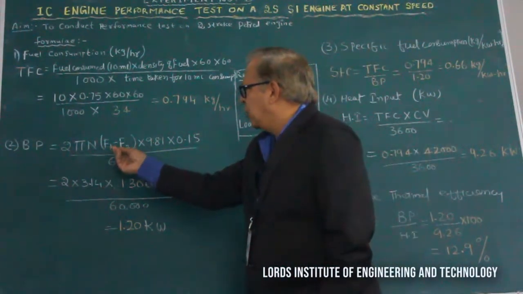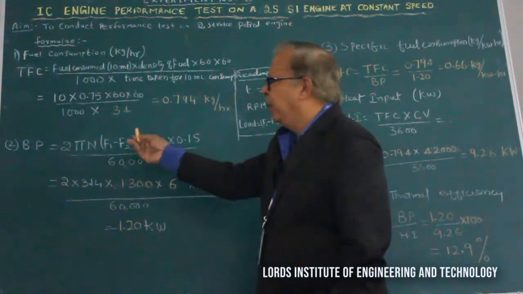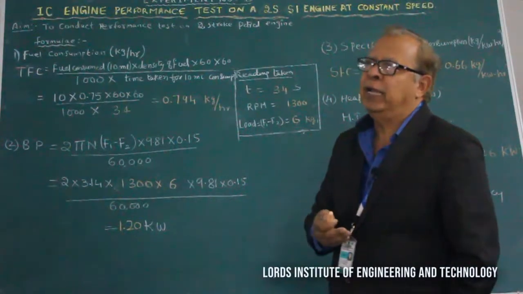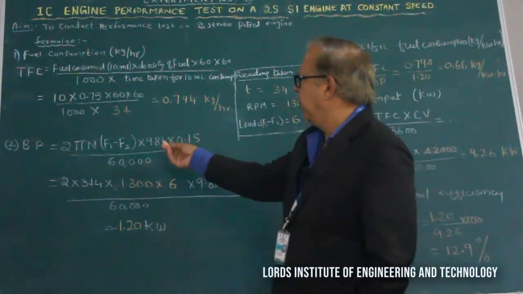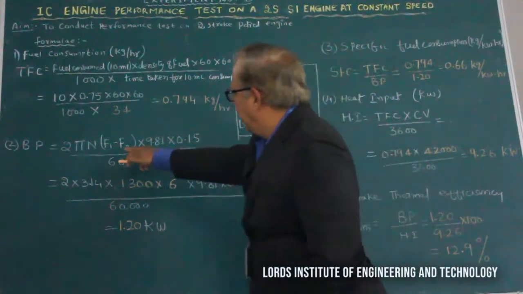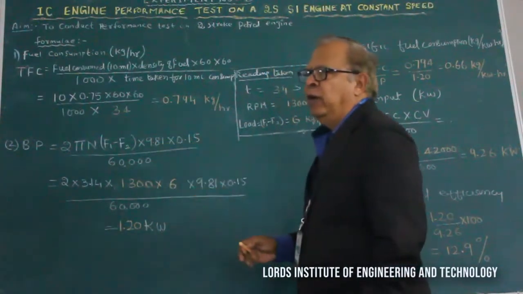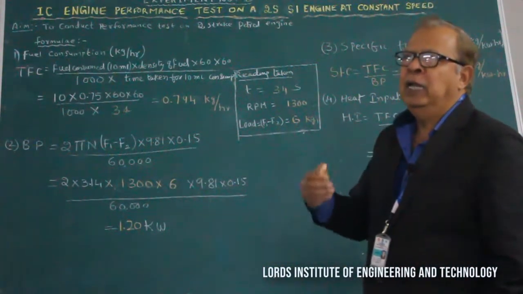So in place of F1 minus F2 I can use 6 kg, and because it is in kg, we want to convert it into newtons, so we multiply it by 9.81, the gravitational constant. F1 minus F2, which is 6 kgs into 9.81, will give me the load in newtons.